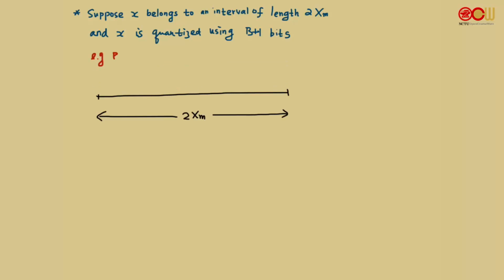For example, b plus 1 is equal to 3, so a 3-bit quantizer, b equal to 2. Then as in the previous example, we would divide the range of x into 2 to the 3 cells. And as before, in each cell, the value of x is quantized to the center.